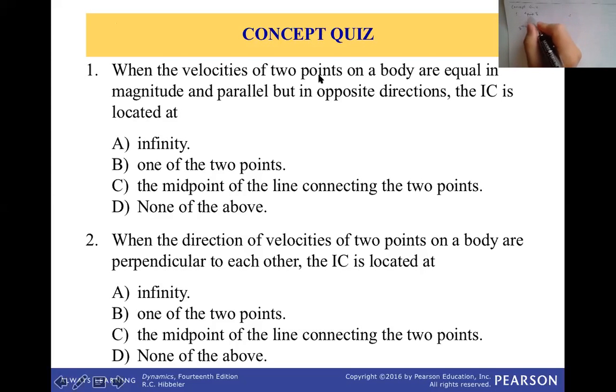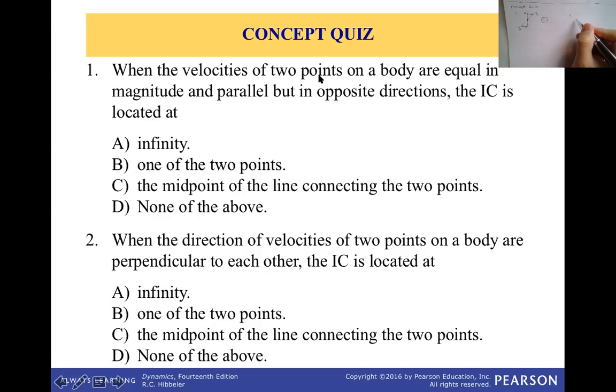If they are equal in magnitude, then if you connect the heads of the two velocities, it will happen to be at the midpoint of the 2 points. So then this is C. On this one it should be C.